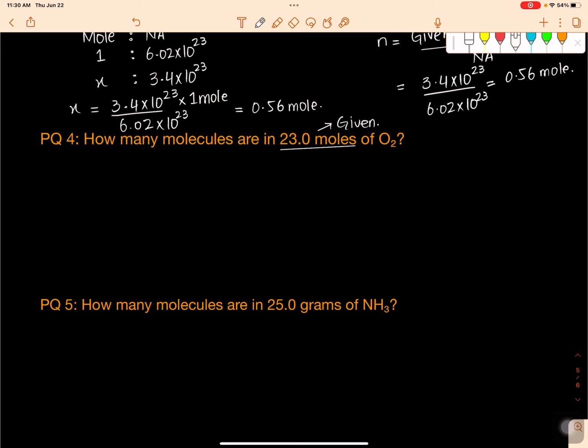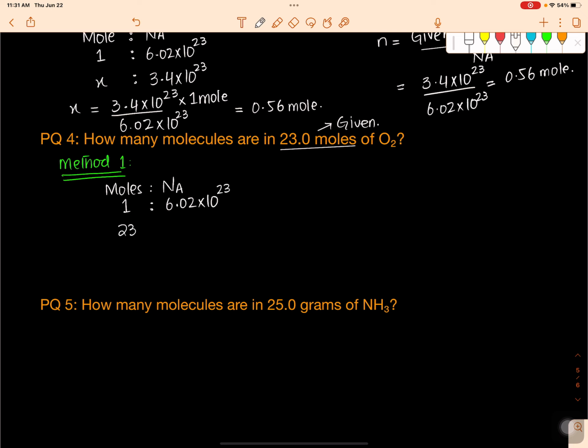How does it become a multiplicative factor? Let's do it in a ratio method. So we have moles and Avogadro's number. 1 contains 6.02 times 10 power 23.